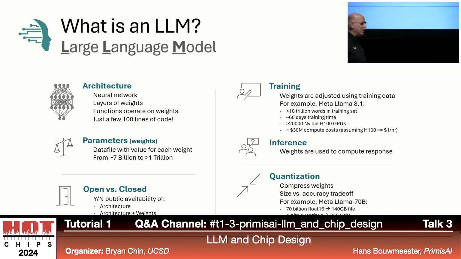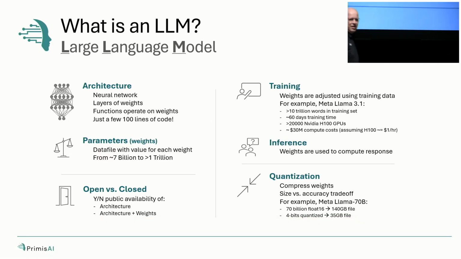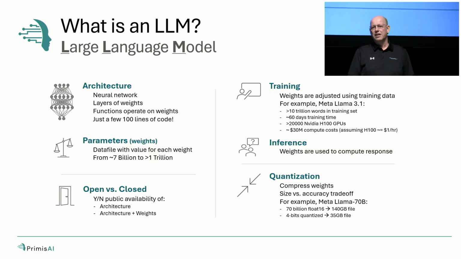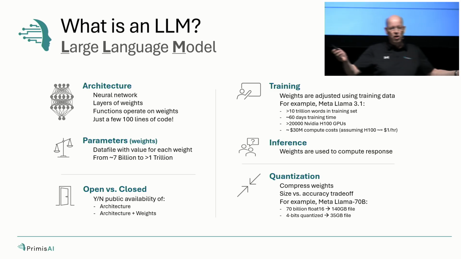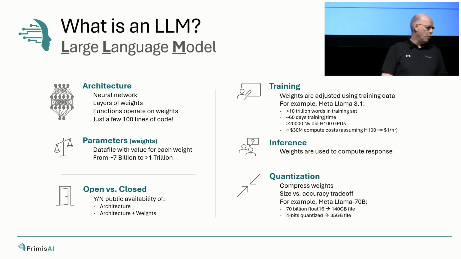Okay, so an introduction to LLMs. So what's an LLM? Well, you may be familiar, of course. It's a neural network. So like any neural network, you have a bunch of layers of weights with interconnect functions. Only a few hundred lines of code describe the architecture.